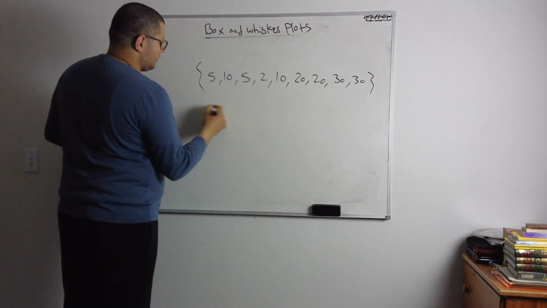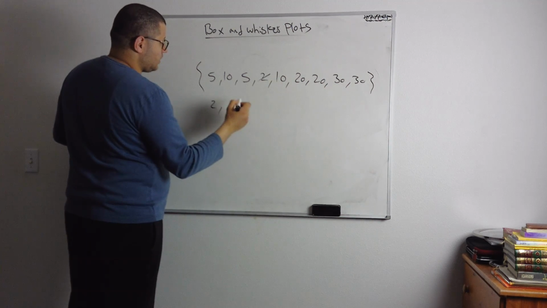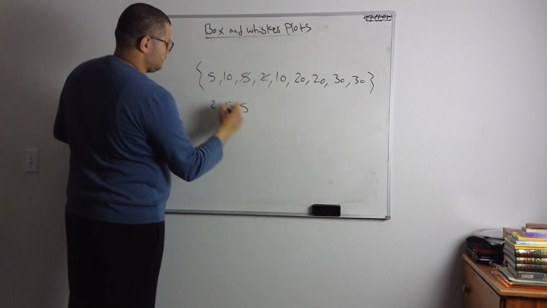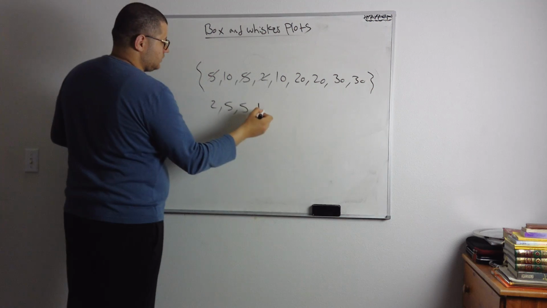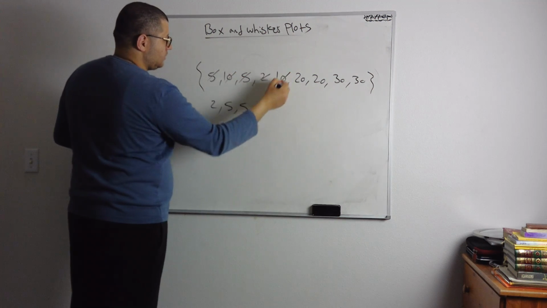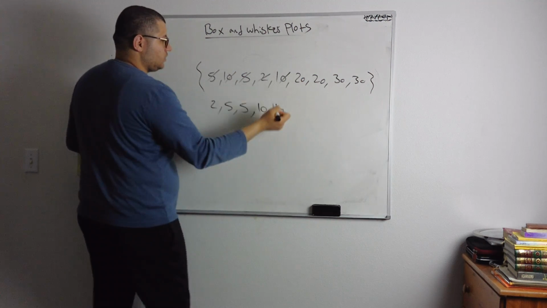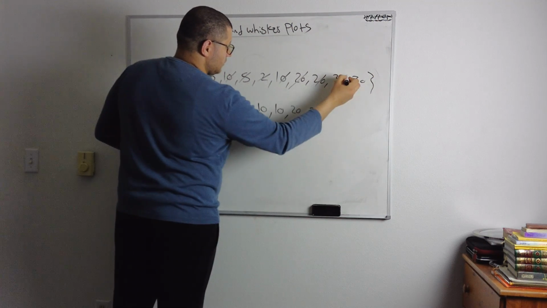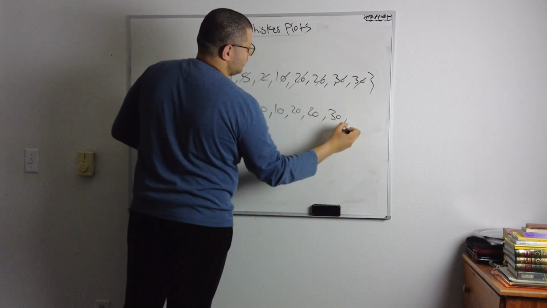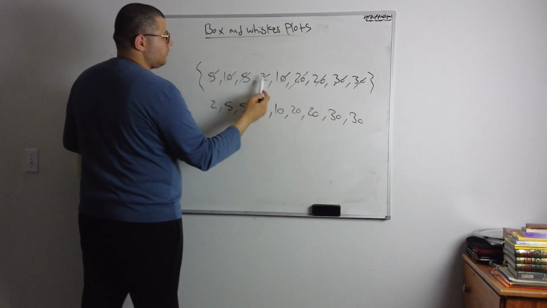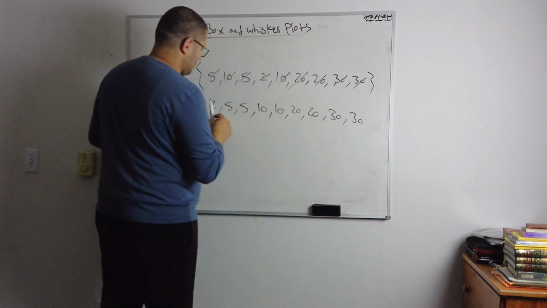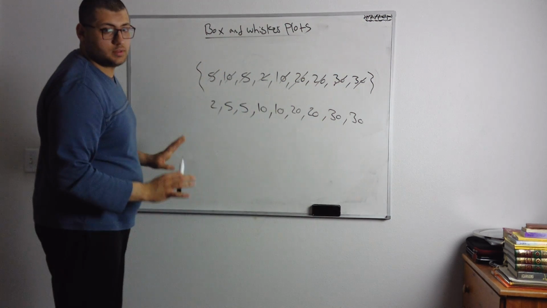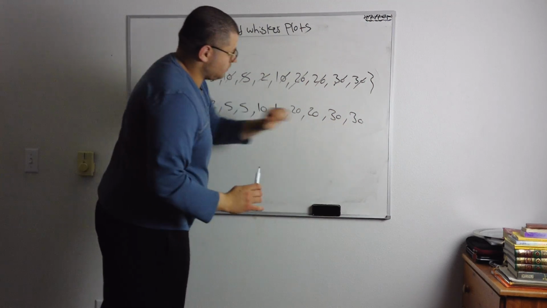We got 2, then 5, another 5, 10, another 10, 20, another 20, 30, 30, 30. That's 9 numbers. Awesome. We have our data arranged from least to greatest.